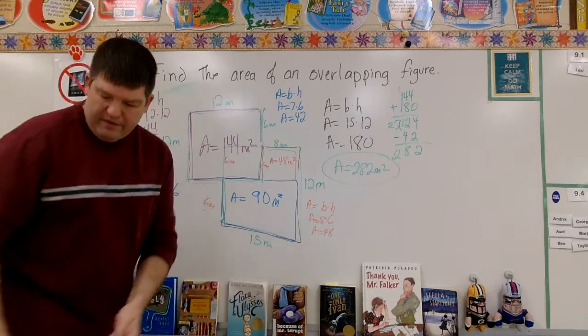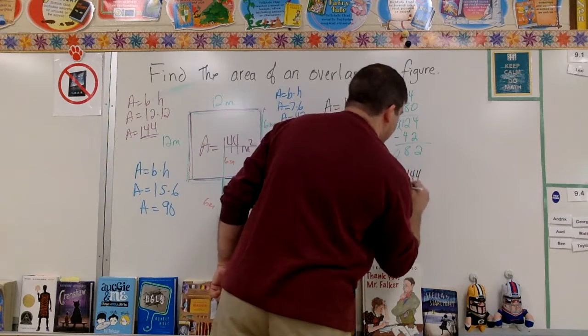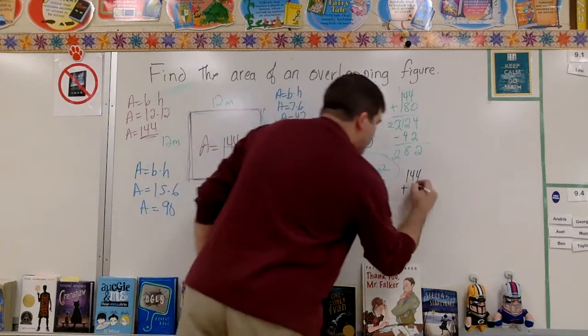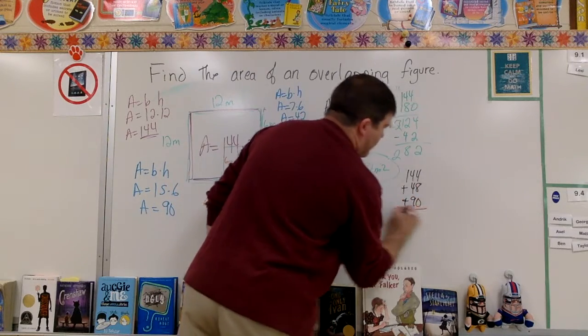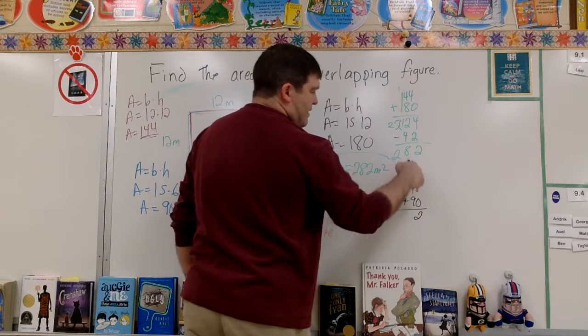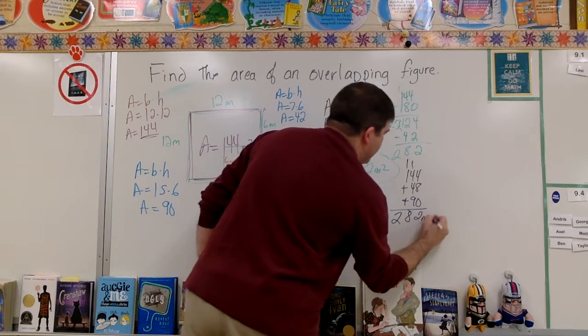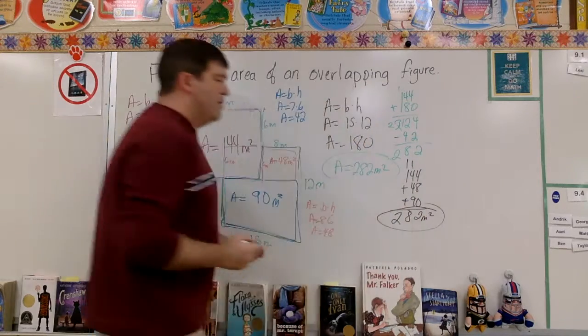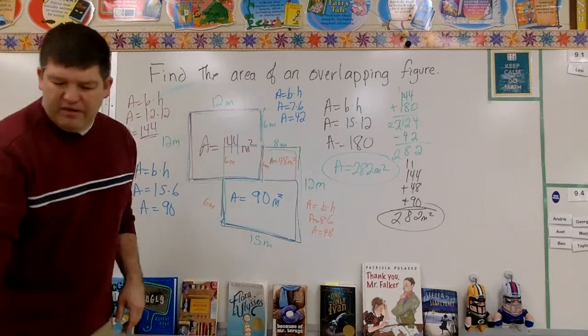If I put them all together, let's see what we get. 144 plus 48 plus 90. So that's 2, carry my 1. 8, 9, 18. 1 and 1 is 2. 282 meters squared, which is the same as what I got doing the other way.